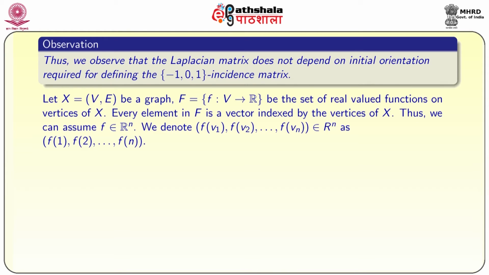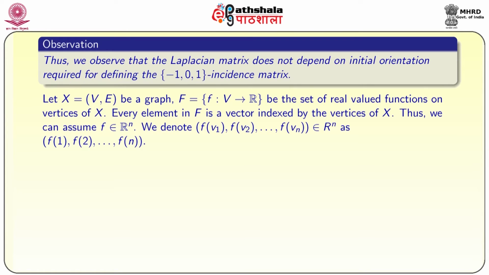Let X equal to (V, E) be a graph, and we define capital F to be the set of all real valued functions f from the vertex set to R on the vertices of X. Every element in F is a vector indexed by the vertices of X. Thus, we can assume f belongs to R^n.